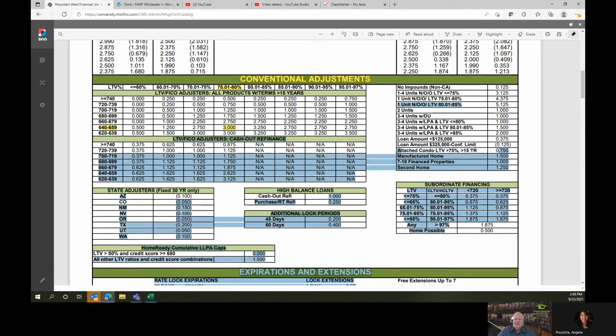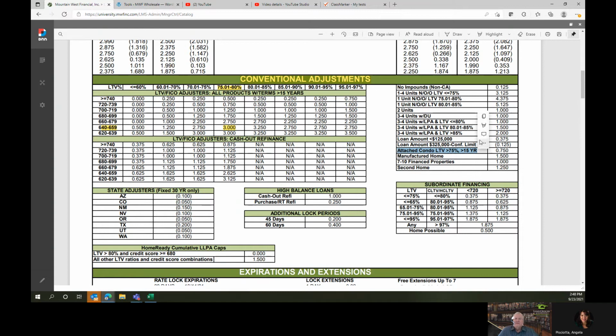Attached condo that is above 75% loan to value and above 15-year term. And that does apply here because remember, we're using a 30-year term and we're doing an 80% loan. So we have another adjustment there of 0.75. Two pretty good adjustments, the 3 plus the 0.75.